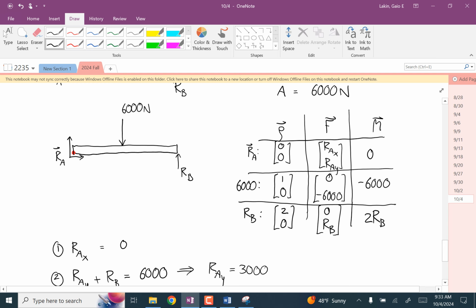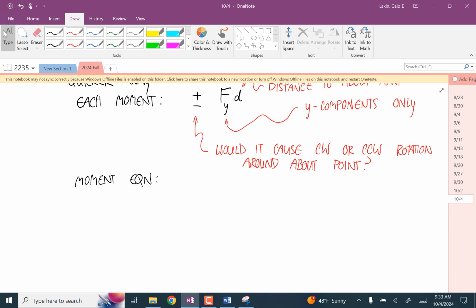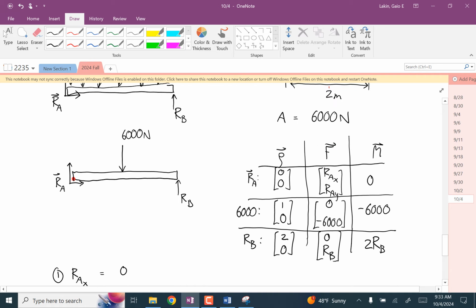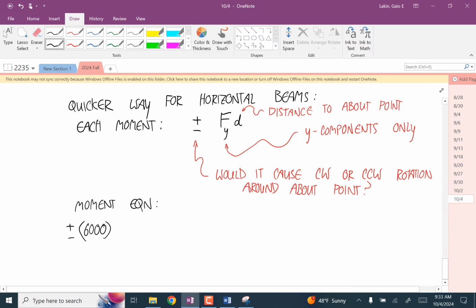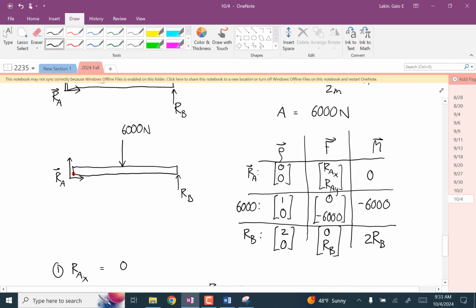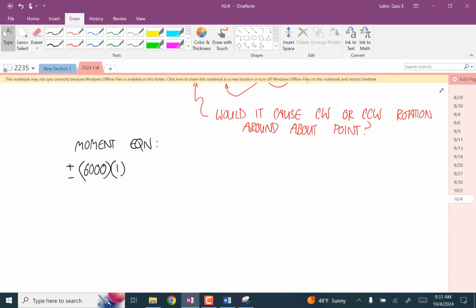Okay, what about the moment for the 6,000 Newton force? So we have plus or minus 6,000. What's the distance from the about point to the 6,000 Newton force? 1. Would that 6,000 Newton force cause a clockwise or counterclockwise rotation around this hinge? Clockwise, so we want the negative.